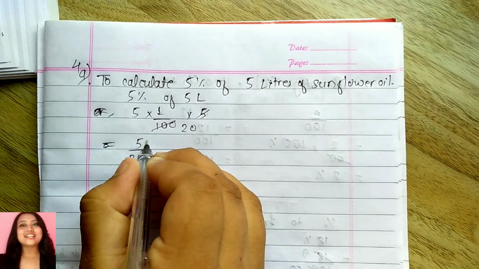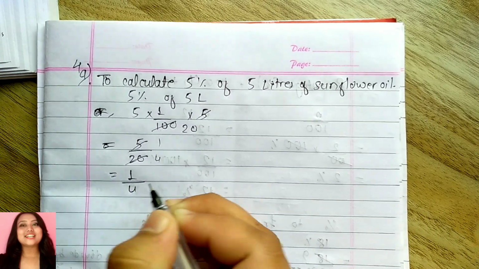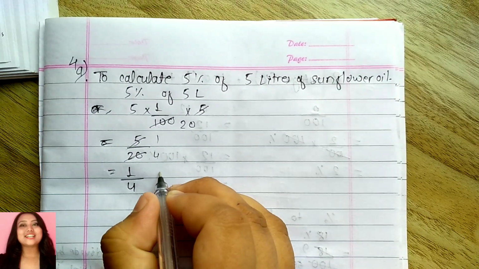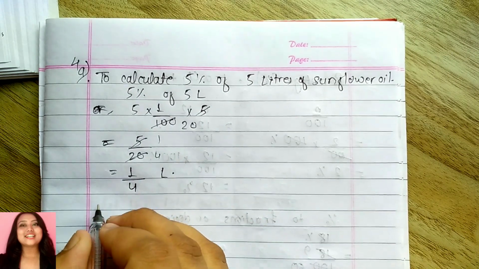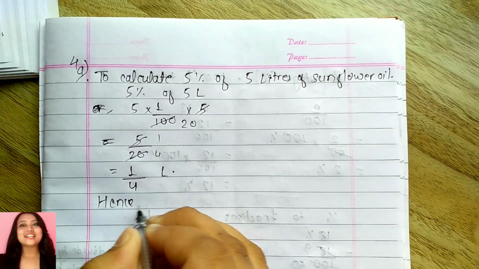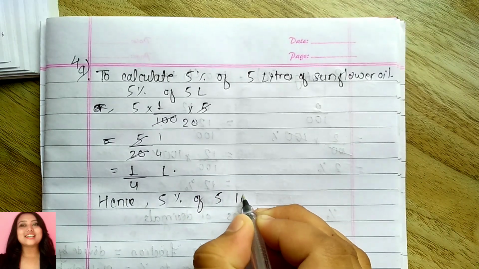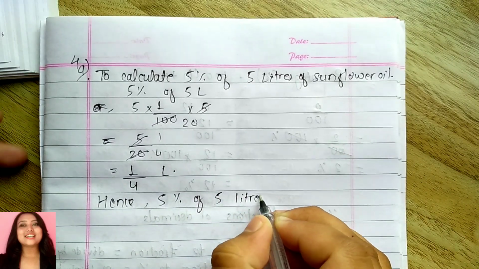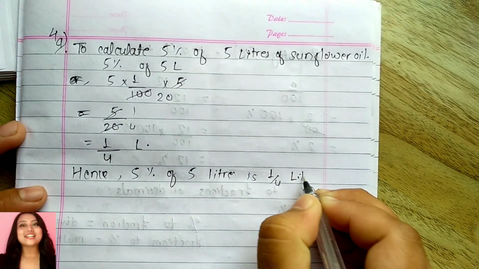Again with this, 5 1s are 5, 5 4s are 20. So 1 by 4. And this is the unit quantity, so this will be liter. Hence 5% of 5 liter is 1 by 4 liter.